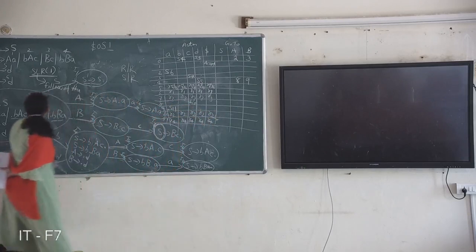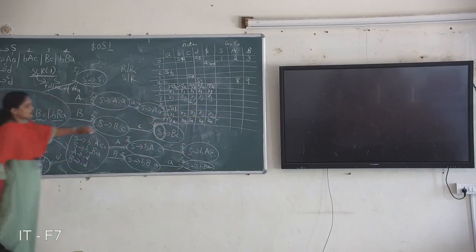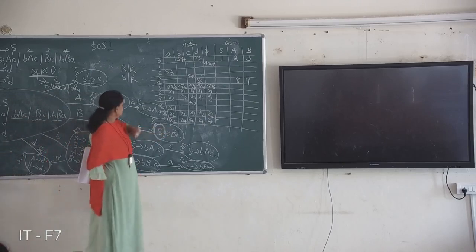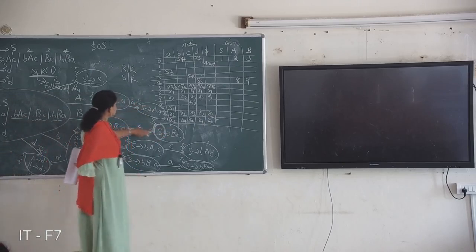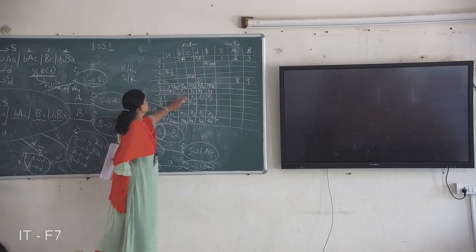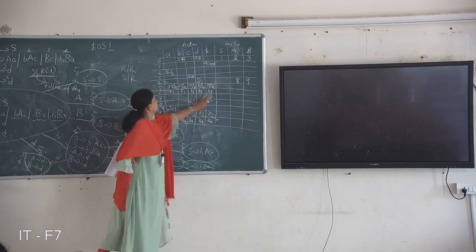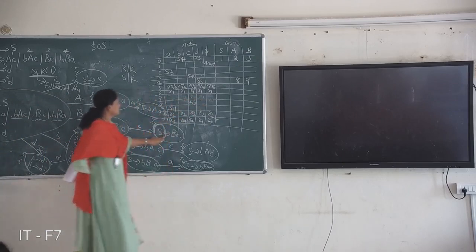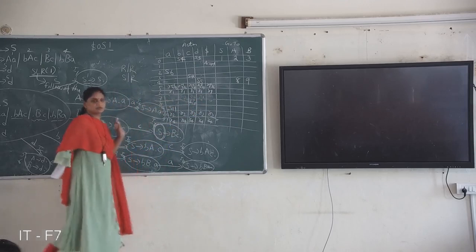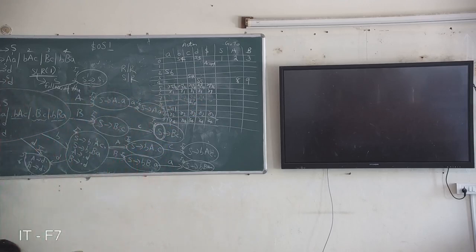So find out what is the follow of S here. For example, I want to write only for this one. This is I7, right? So here is I7. So in I7, where should we put the reduce operations? So first find out the follow of S. How do we find the follow of S? Only see the left side and right side where S is there.